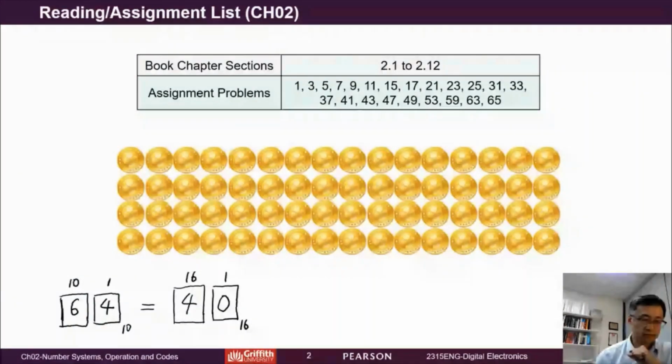Makes sense? This gives you an idea of how to represent a quantity. We don't have to use the base 10 system. We could have different base systems. This one we are going to discuss later. It is called the hexadecimal system.